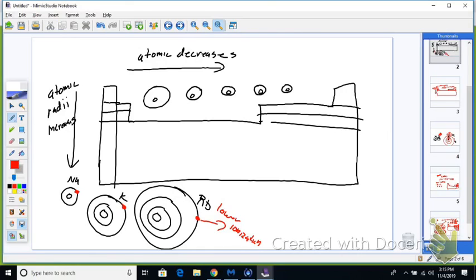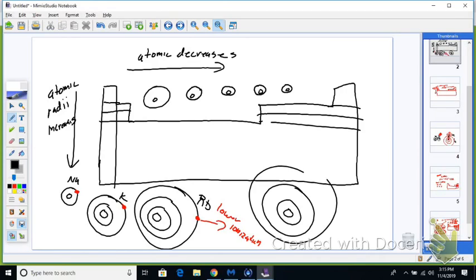Okay? So that's rubidium. Here's cesium. So then we compare it to cesium. There's an electron for cesium out here. Now that one's lower than rubidium, and rubidium's lower than potassium, and potassium's lower than sodium.